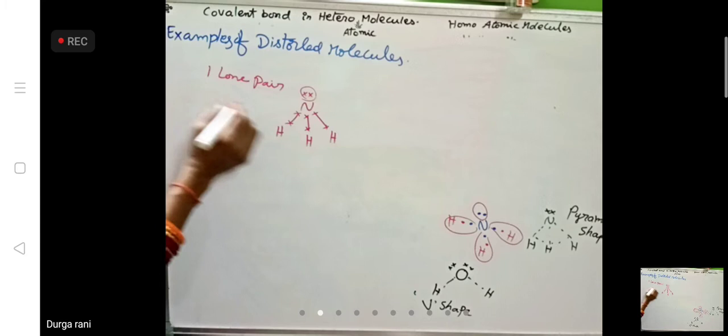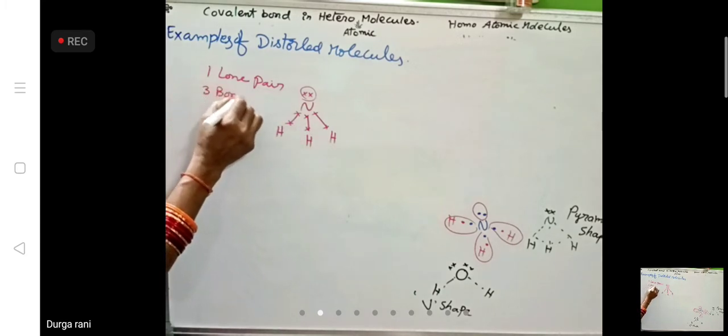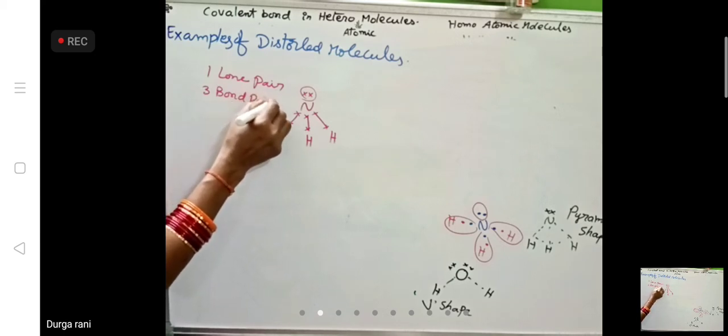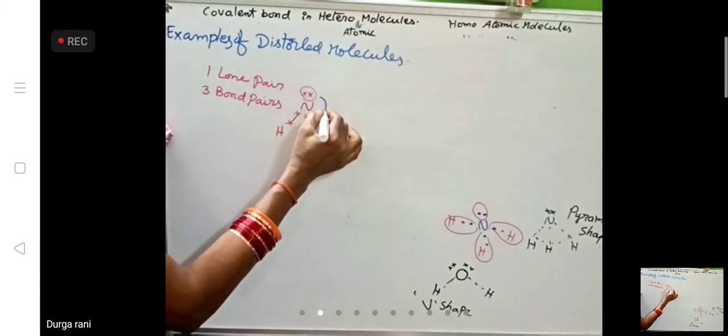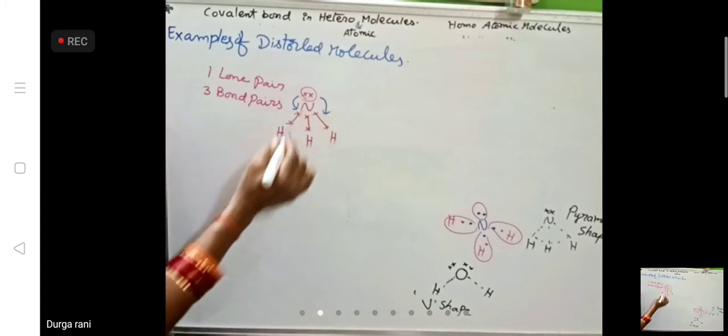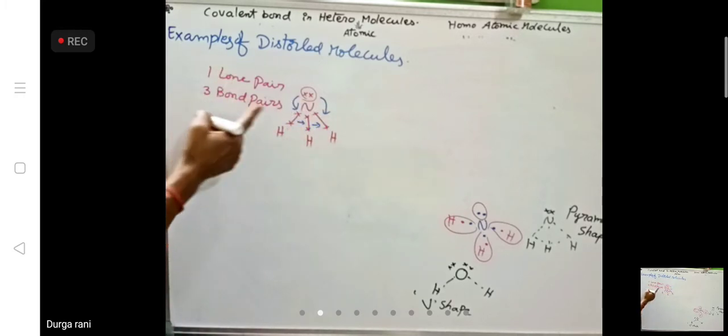How many bond pairs are there? Three bond pairs. Okay. See, there is a possibility of repulsion between lone pair and bond pair, and another one is bond pair and bond pair. Two different types of repulsive forces are acting in this molecule.